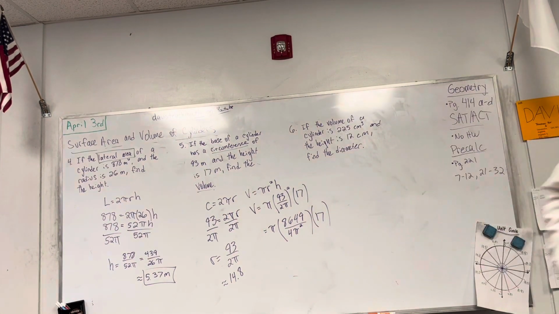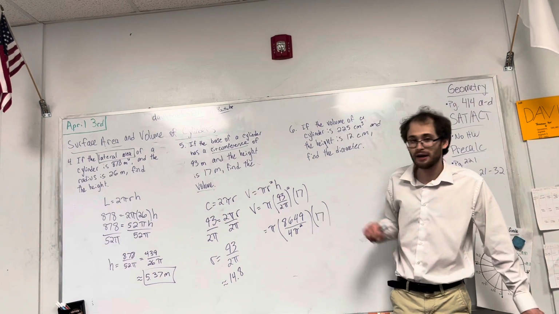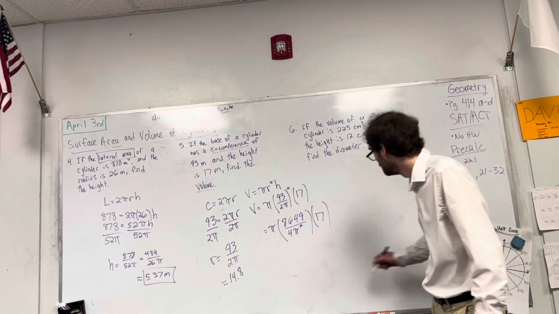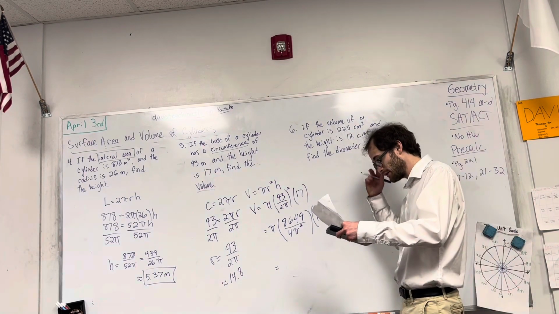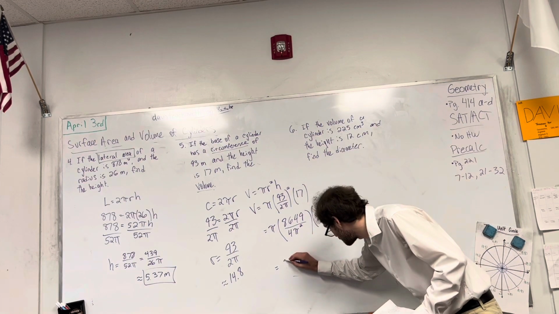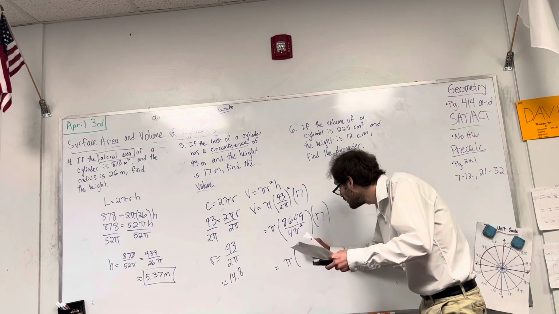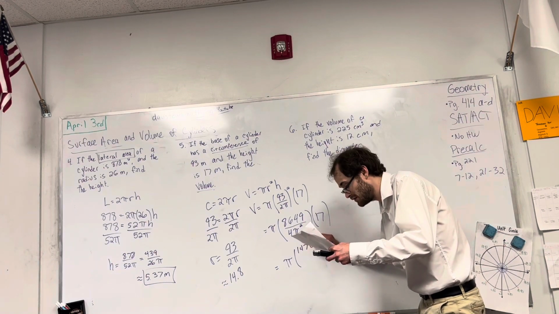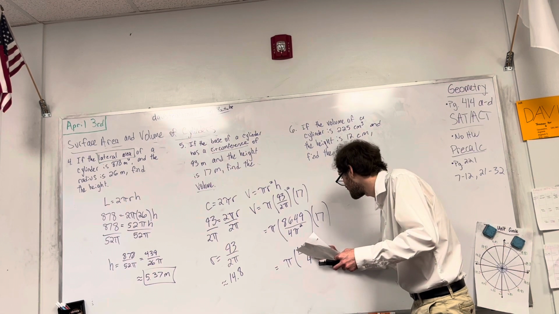All right, what I'm going to do now is multiply the 17 times this 8,649. I don't want to do too much at once here. I'll have pi times 147,033 all over 4 pi squared.